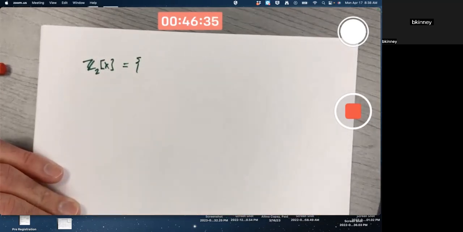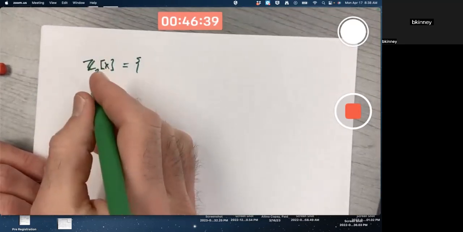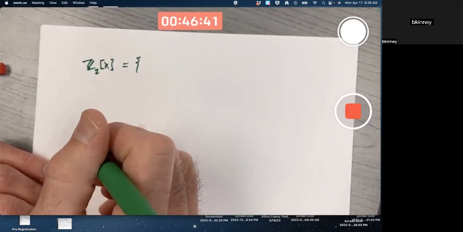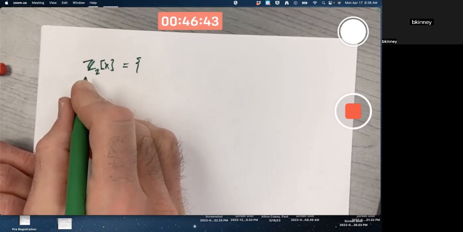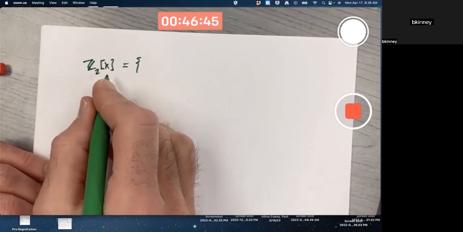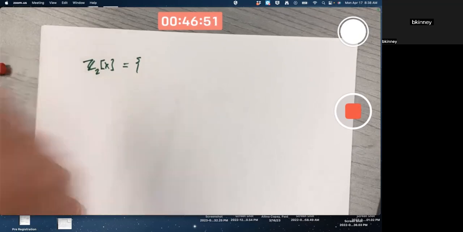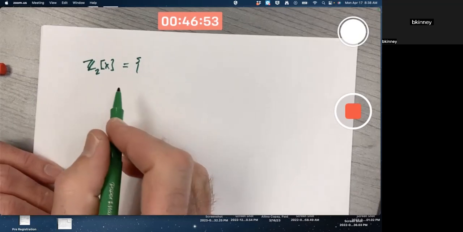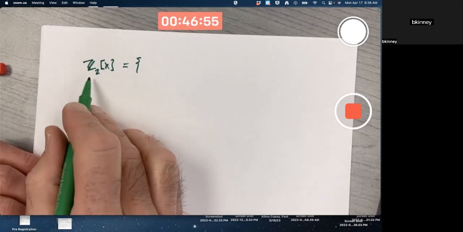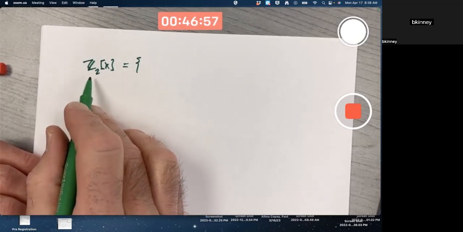This is the collection of all polynomials with coefficients from Z2. This is standard notation, Z2 with an x inside square brackets, kind of like Mathematica. It represents all the polynomials you can make that have coefficients that are either 0 or 1.